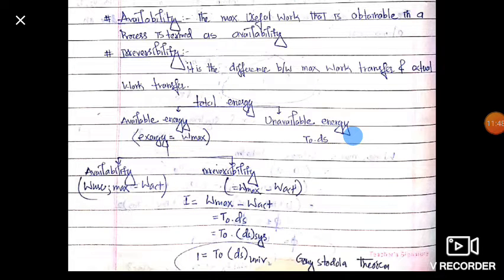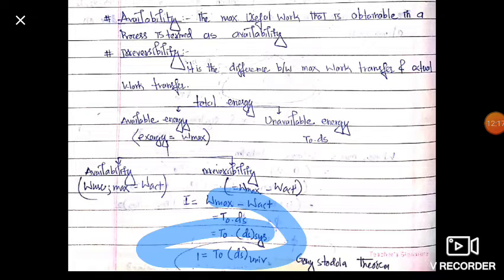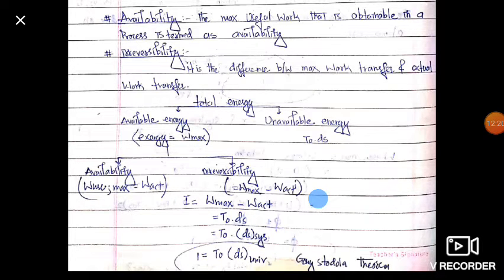And what is irreversibility? It is work done maximum when efficiency is maximum minus work done actual, and it is equal to T naught, the temperature of our atmosphere surrounding, into change in entropy, T naught S. Friends, it is T naught change in entropy of system, or T naught change in entropy of universe. This is our irreversibility, and this is also called the Gouy-Stodola theorem.